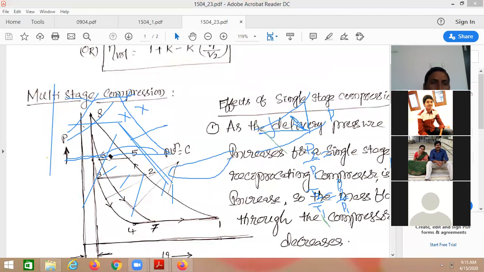Why multi-stage compression is required is, suppose very high pressures are required from a single compressor. When the entire required pressure is produced in a single compressor, there are some disadvantages. What are those disadvantages?